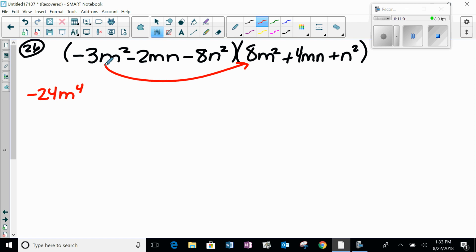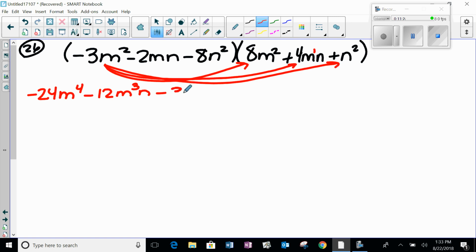Now I'm going to take my negative 3m squared times 4mn, which is a negative 12m cubed n. There were two m's here, there's one m here, so there's three m's. But still there's only one n. So now I'm going to have my negative 3m squared times n squared, and I have negative 3m squared n squared. I'm done with the first term.